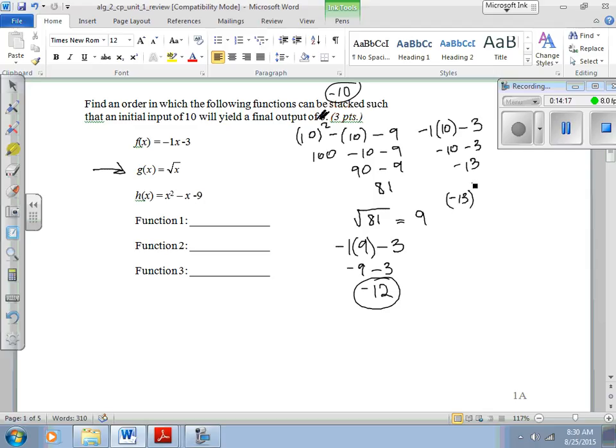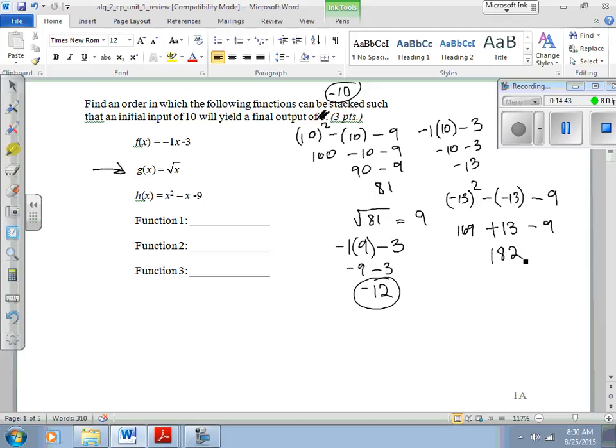So I'm going to go right here to this one then. Negative 13 squared minus 13 minus 9. Negative 13 squared, I believe, is 169. You guys can check that on your calculator. Plus 13 minus 9. 169 plus 13, that's 182.